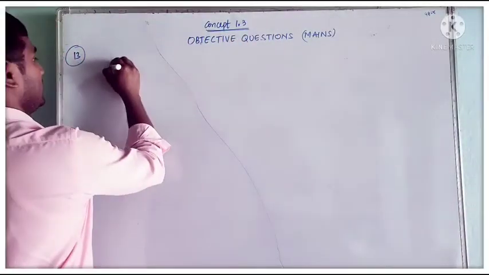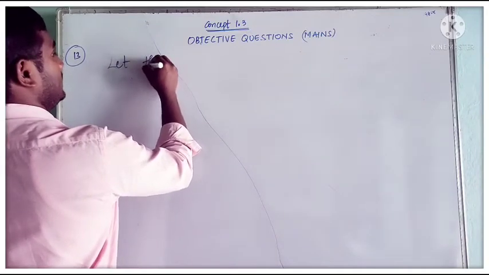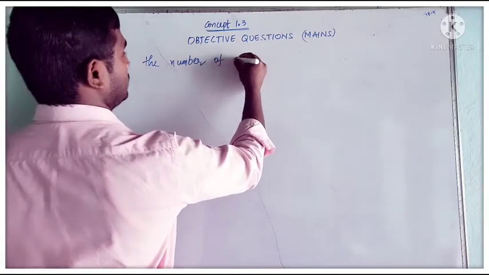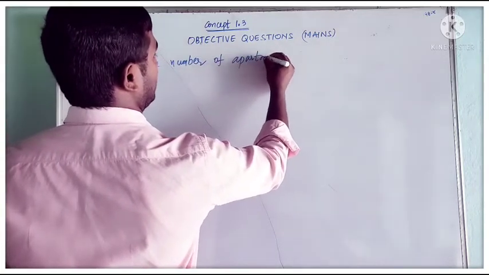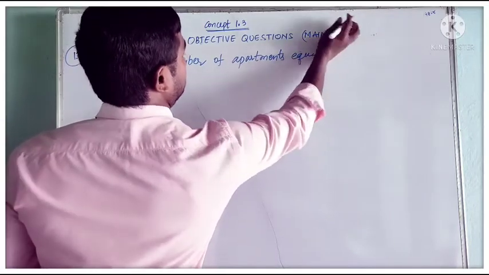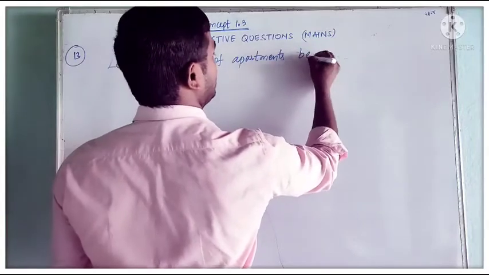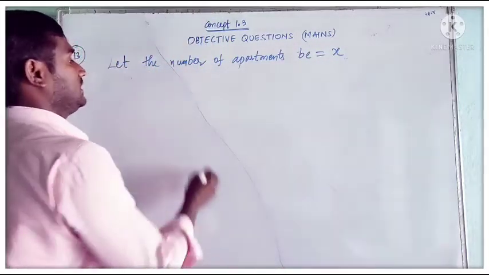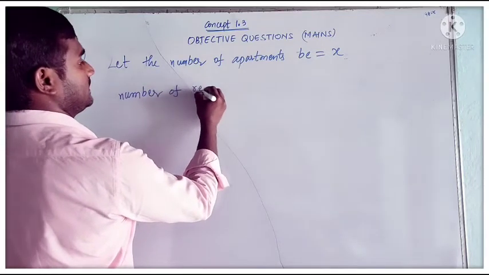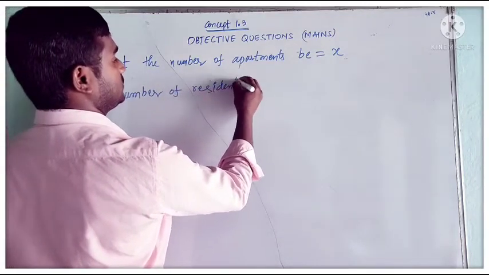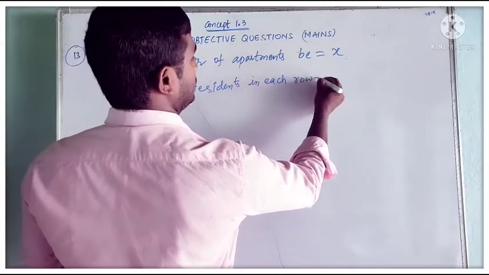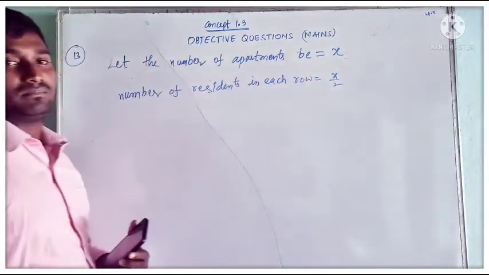So let the number of apartments be x. Then the number of residents in each apartment is x by 2.